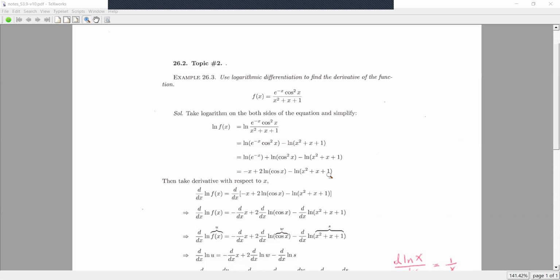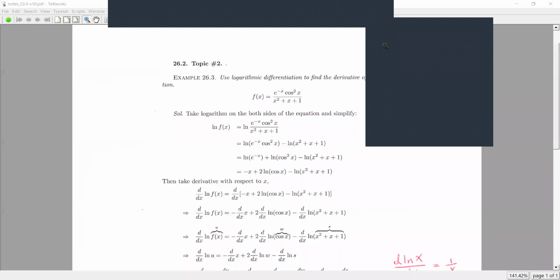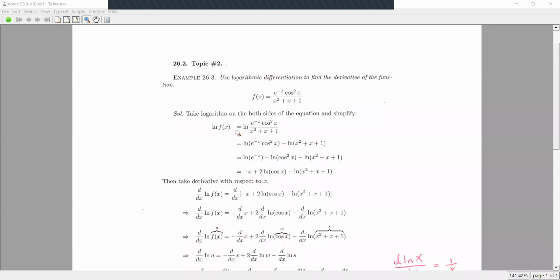Next, I take the derivative on both sides of this equation. Take the derivative on the left side and on the right side. Then I have this equation. Apply the summation rule and the subtraction rule. Then I have this equation.